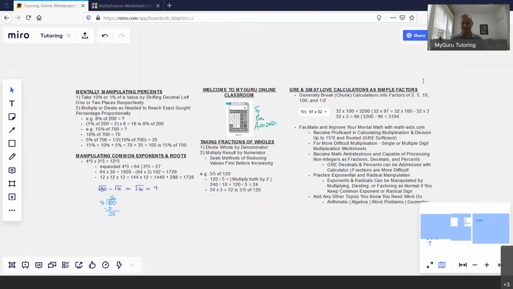Even with something like 1440 plus 288, the mind can work through it more quickly by rounding, because I know that 1440 plus 300 is going to be 1740, and then I just have to take the 12 off from 300 to get to 288, and that gets me to my 1728.